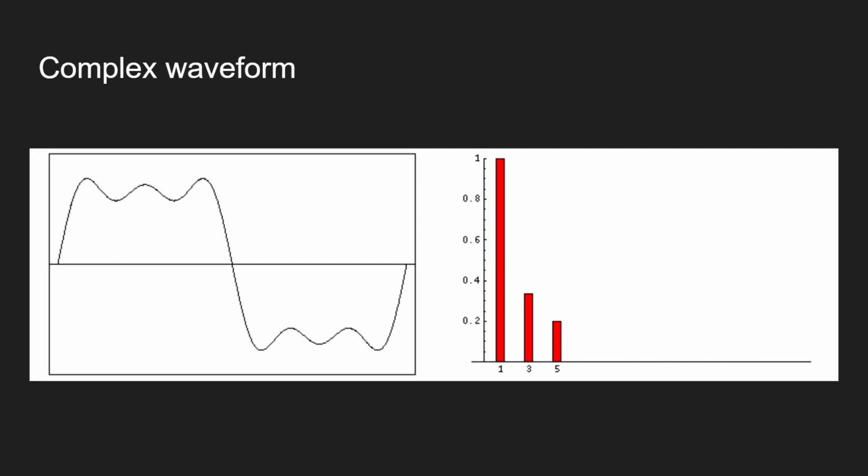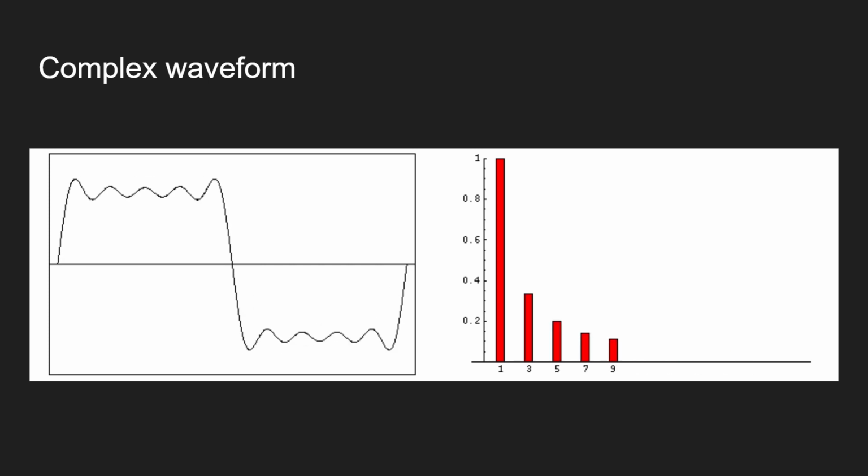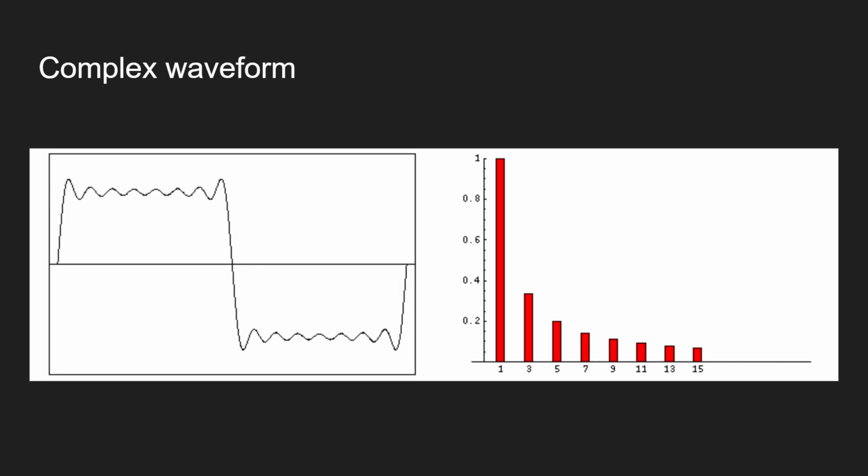I added this slide because I want to tell you that all our waves can be reduced into a sum of sine waves. On the left side we have what we call a square wave.